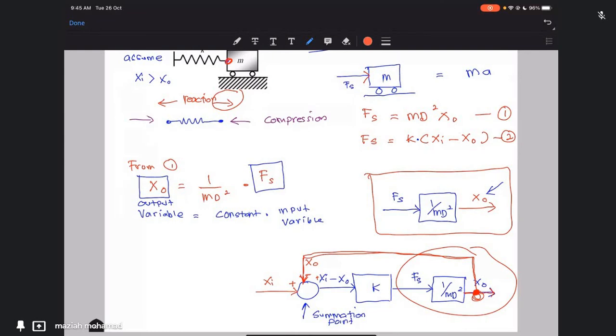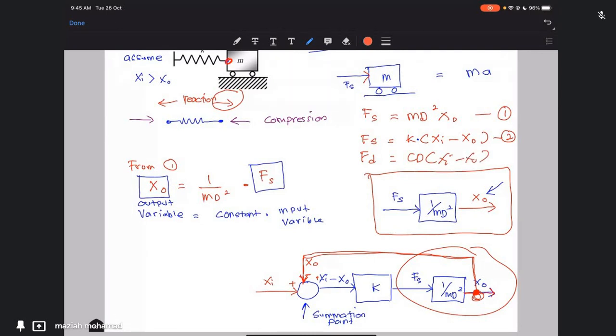Because the variable, the term, is already in there, it's already defined, so we can just use that. Later on, for example, sometimes you have another equation. Let's say there is FD equal to CD times xi minus x naught.